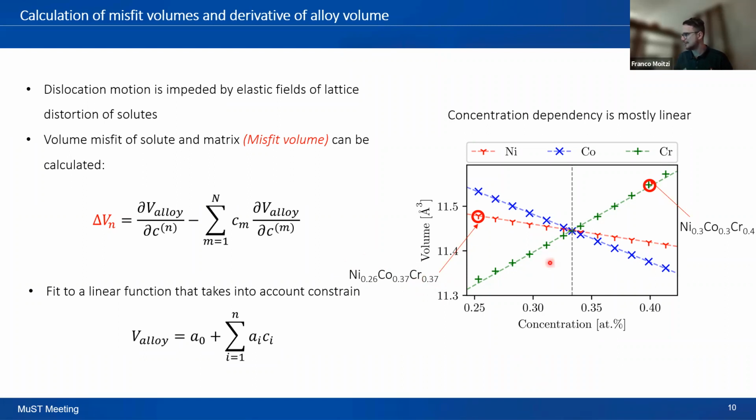And okay, this is now over a really large range. But what you can see here is that if you take a very small region, the concentration dependency of the equilibrium volume is mostly linear. This also helps in the future if you really want to compare with experimental results. So in the near region, this really works well. And of course, it's very easy for us to calculate this property.